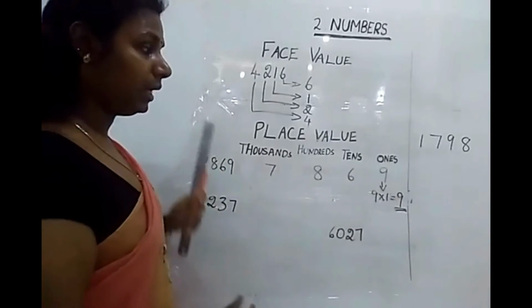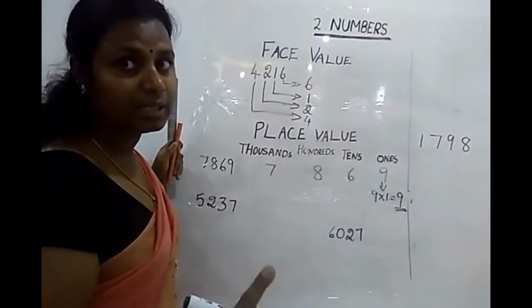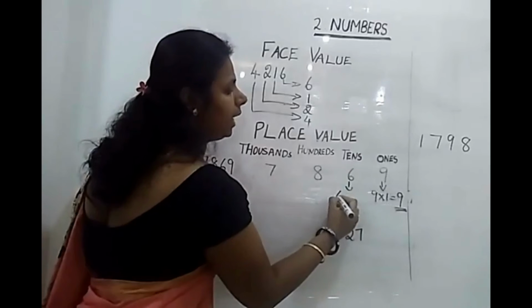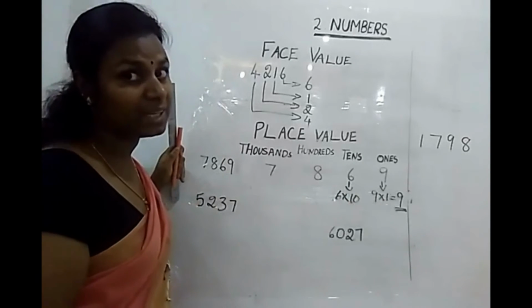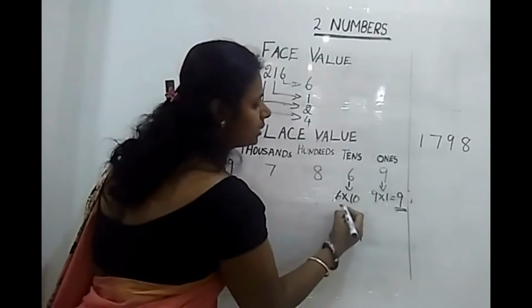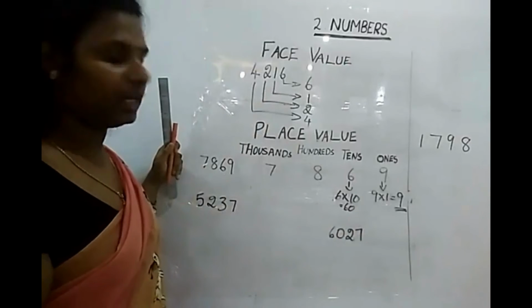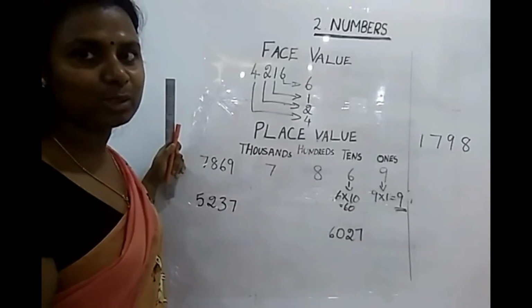Okay. Now, the place value of 6. 6 is in tens place. So, 6 multiplied by 10. 6 tens are 60. So, 60 is the place value of 6 in 7,869. Understood?